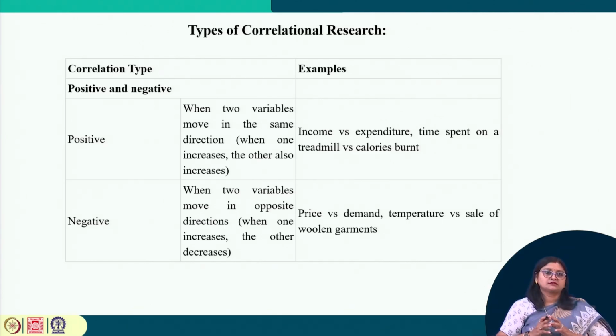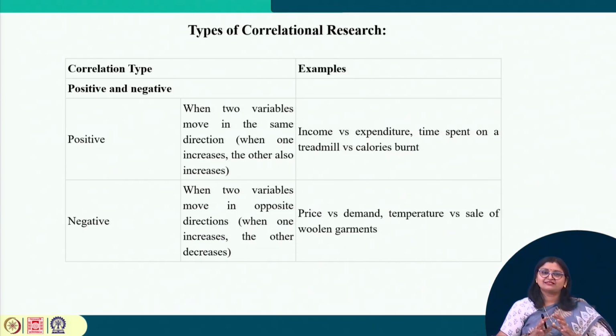First one is the positive and negative. The positive correlation type is when two variables move in the same direction. We have already discussed that when one increases, the other also increases, like income versus expenditure, or time spent on a treadmill versus calories burnt. This is a living example, I think you can relate to it.